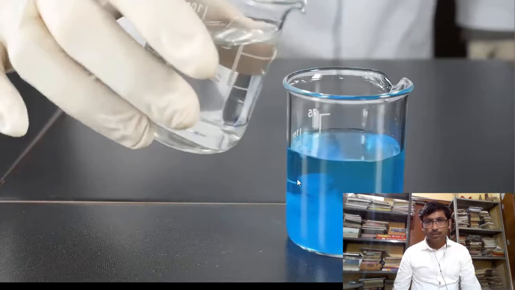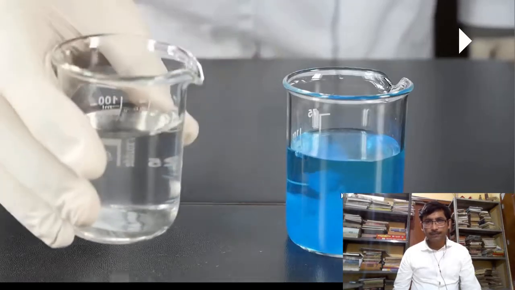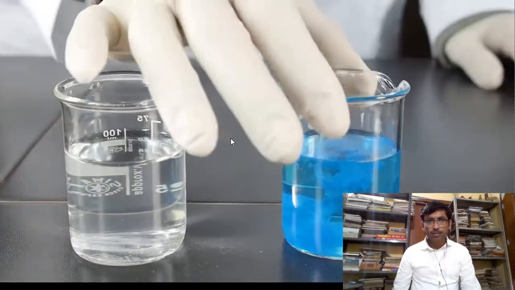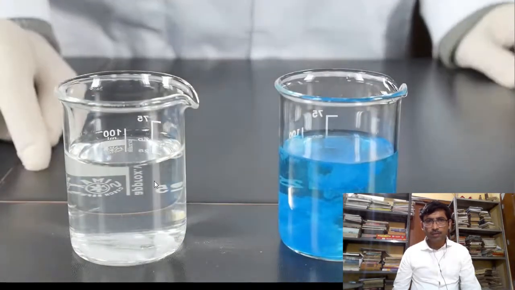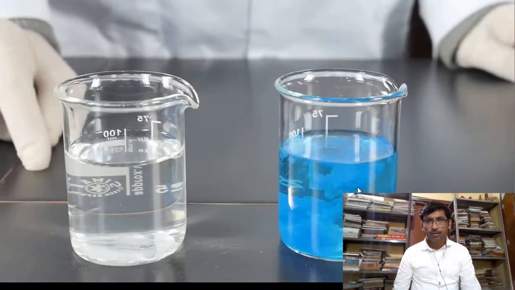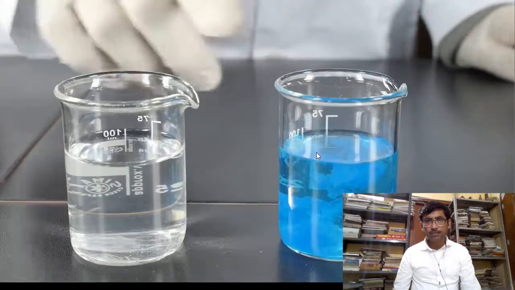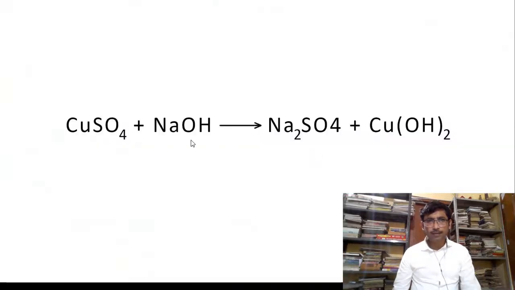So this blue precipitate is due to the formation of copper hydroxide, right? We shall just see the reaction very soon. So this sodium hydroxide is reacting with copper sulfate, forming sodium sulfate and copper hydroxide.